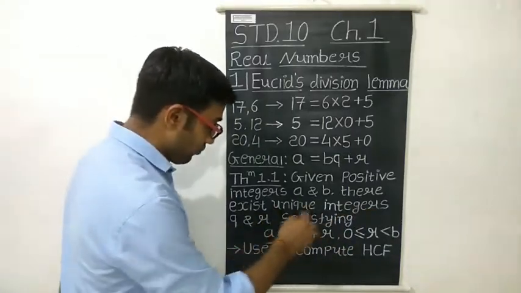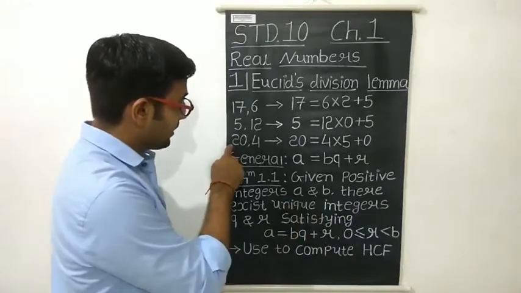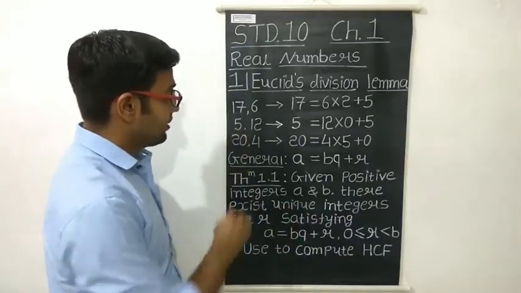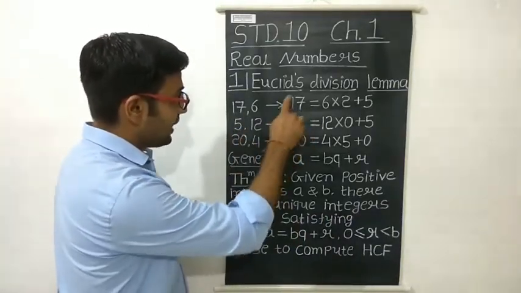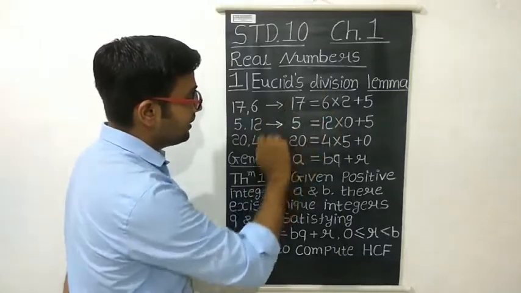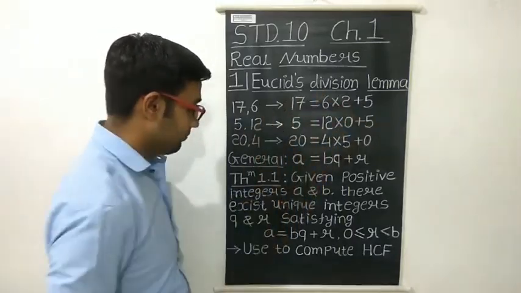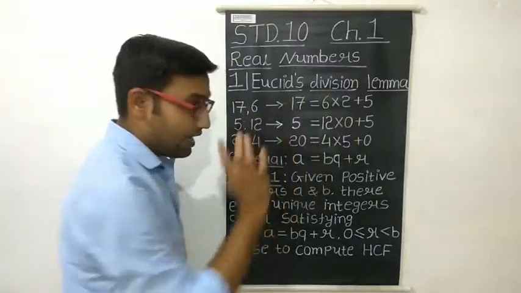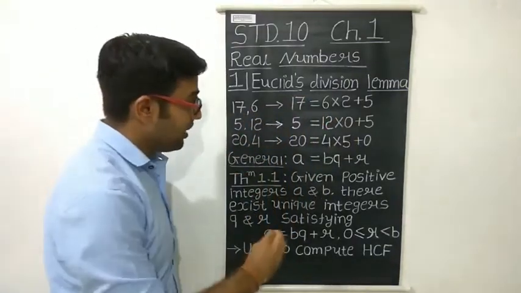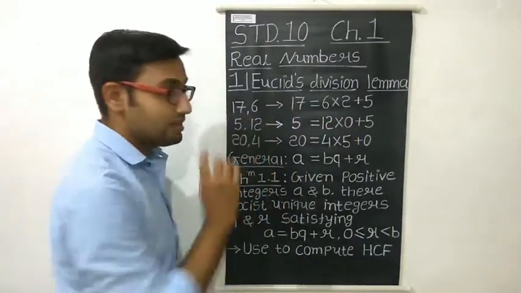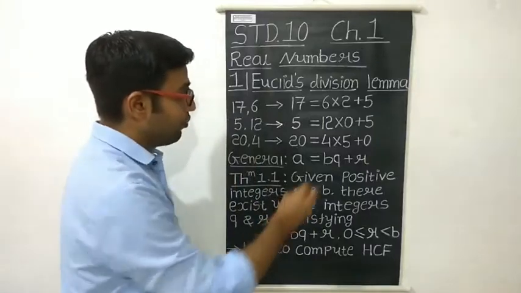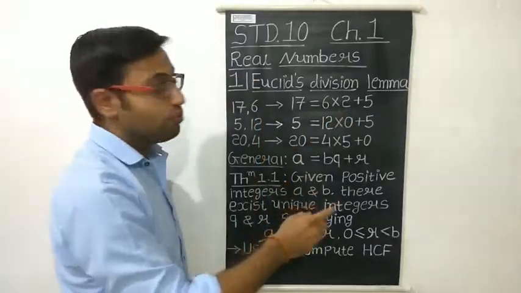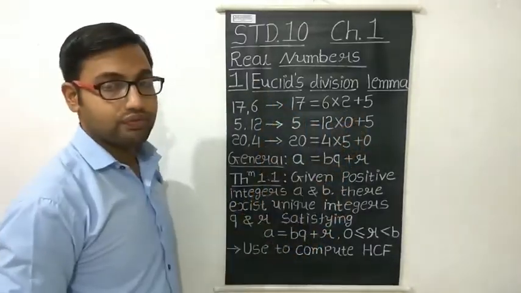Why is the word unique used? Let's take the example 17 and 6. For this example, this is a, this is b, this is q and this is r. So q is 2 and r is 5. Whenever we divide 17 by 6, we get q equal to 2 and r equal to 5.